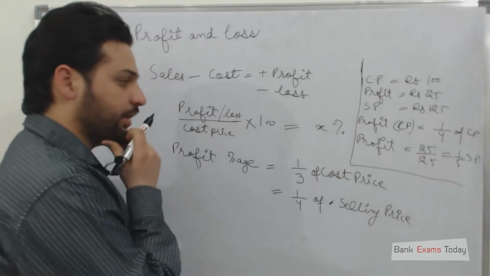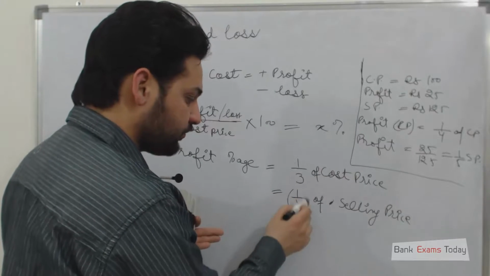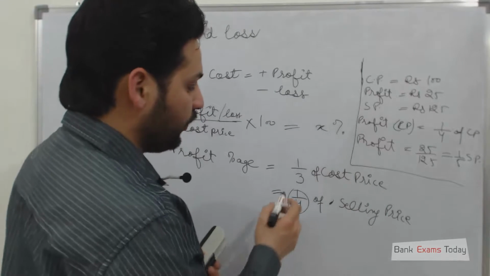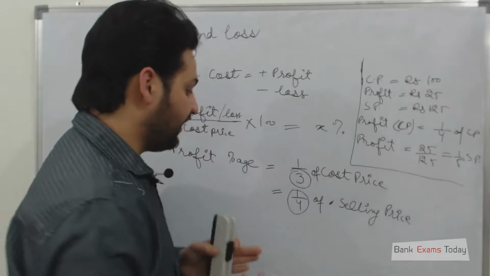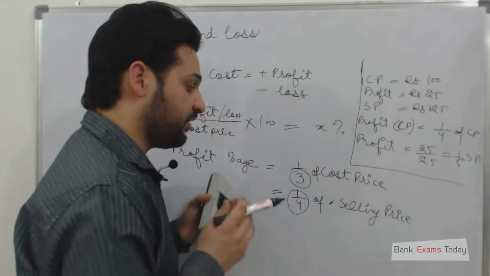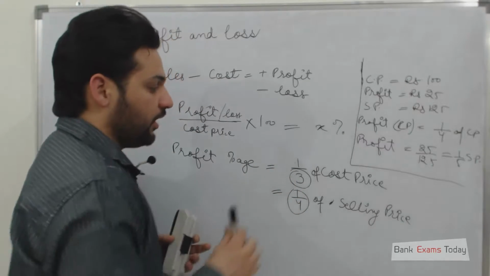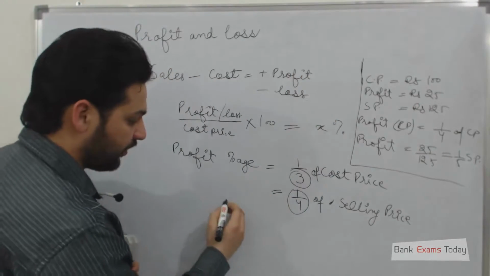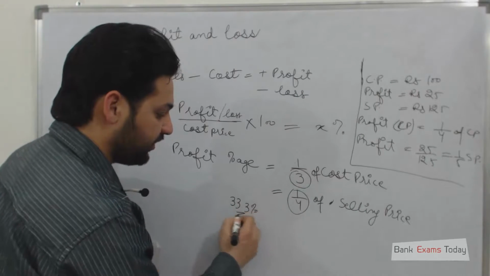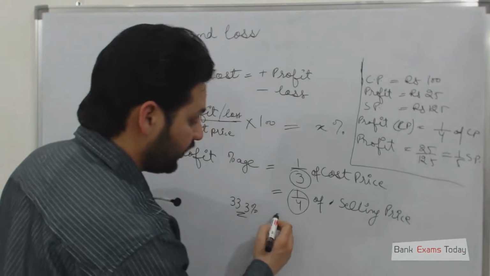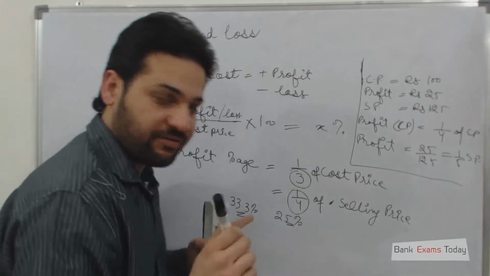Whenever we need to calculate the profit fractions, we simply add 1 in the denominator in case of profit, and if it is a case of loss, we deduct 1. So if the profit is 33.333% of cost price, it will be 25% of sale price in case of profit.